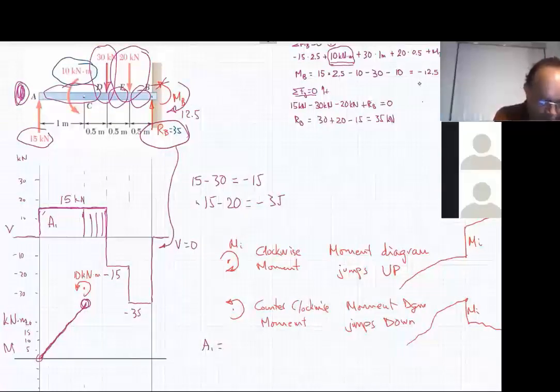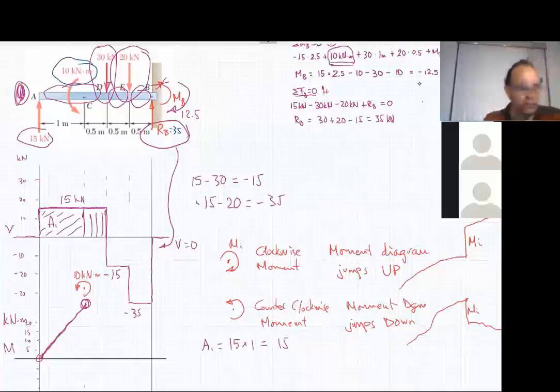Up to point C, because something is going to happen at point C. At point C I have the concentrated moment, so I have to stop there to see how to deal with the moment. Area 1 is only this region here, 15 times 1, so 15. It's just a rectangle. So this goes up to 15.